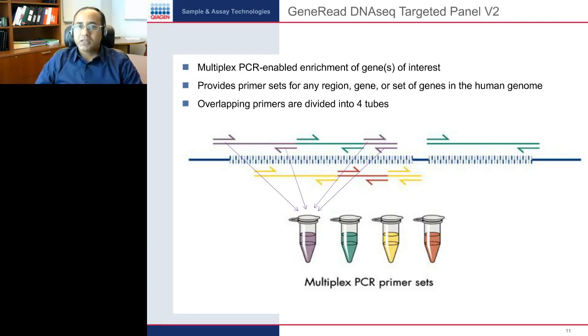We have pre-designed primers all over the human genome, and you can pick any region or gene from it. The primers are divided into 4 tubes. Specifically, the overlapping primers have been segregated into the 4 tubes. This is to reduce non-specific amplification during the target enrichment reaction.